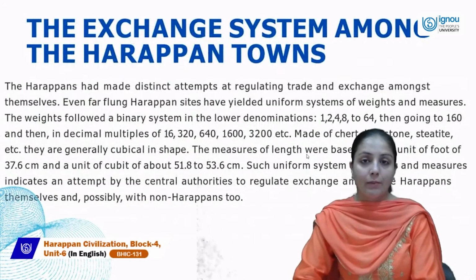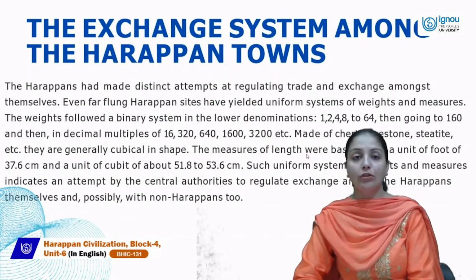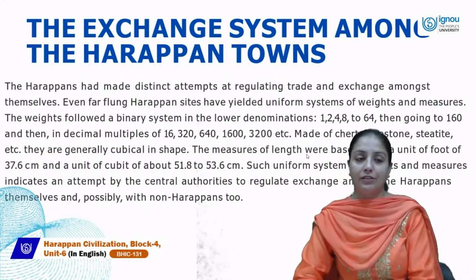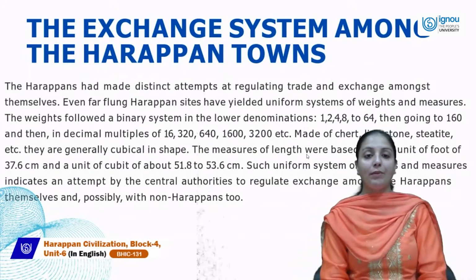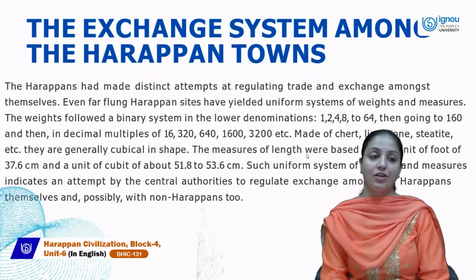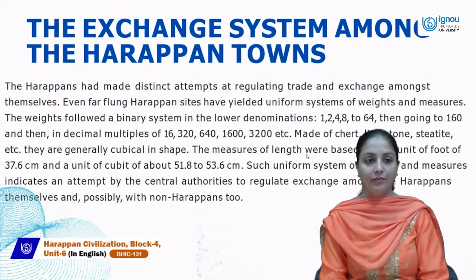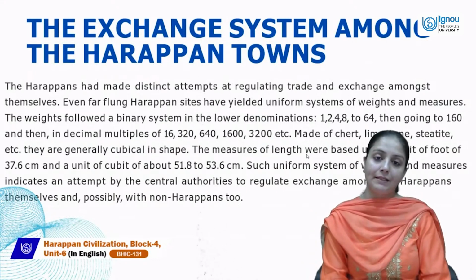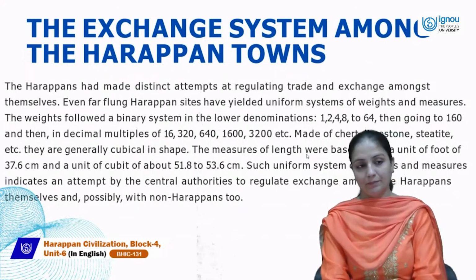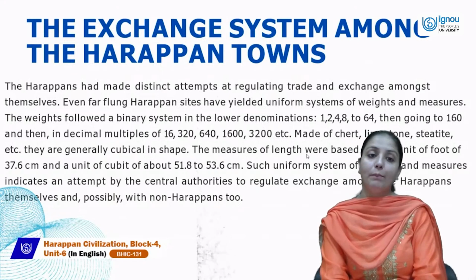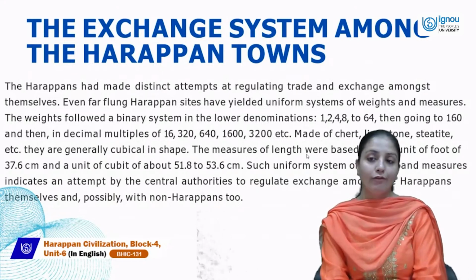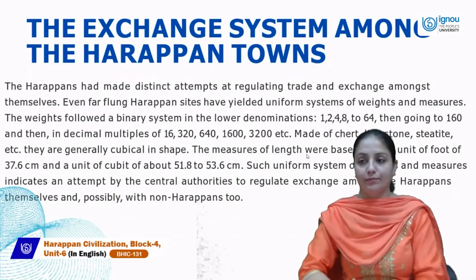The exchange system among the Harappan towns: how they exchanged and what things they exchanged with each other. The Harappans had made distinct attempts at regulating trade and exchange among themselves. Even far-flung Harappan sites have yielded a uniform system of weights and measures. The weights followed a binary system in the lower denominations: 1, 2, 4, 8, up to 64.